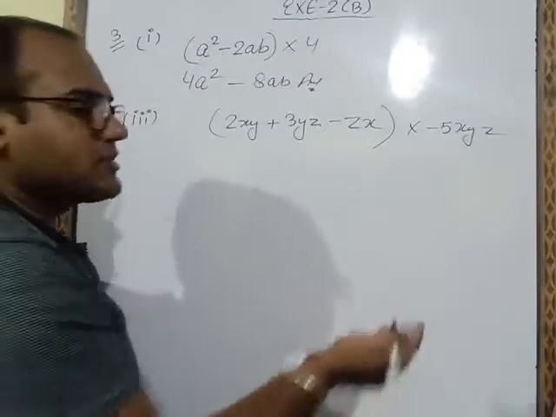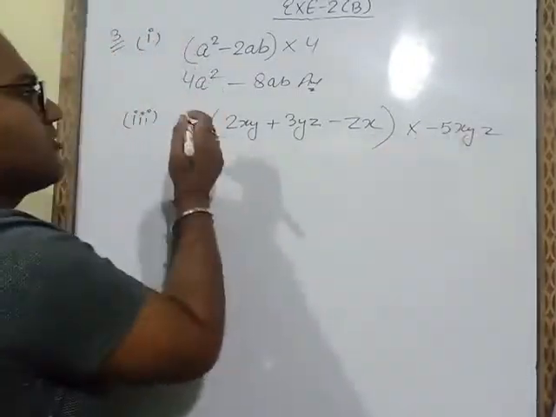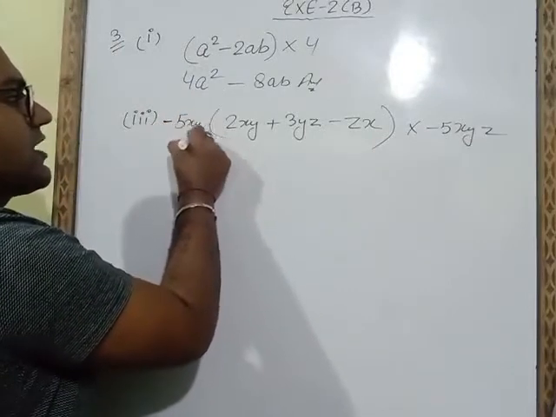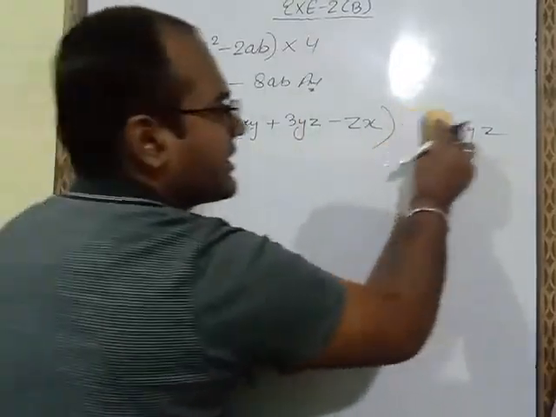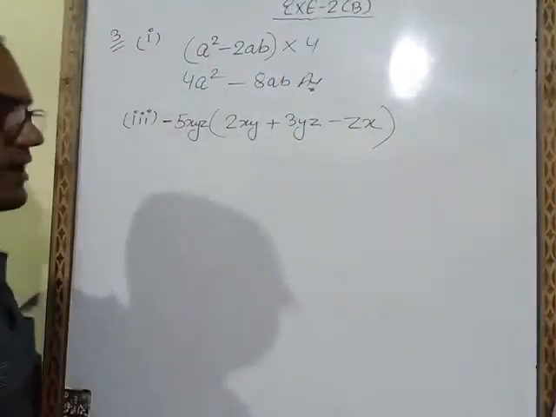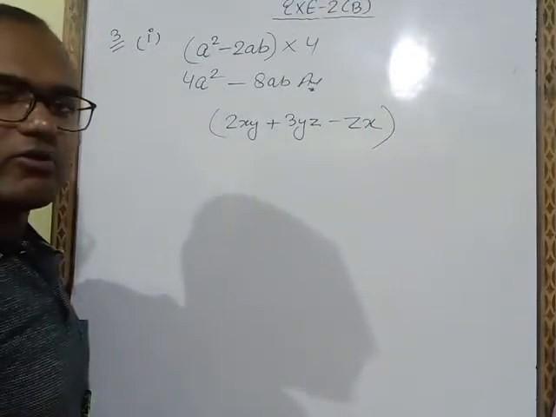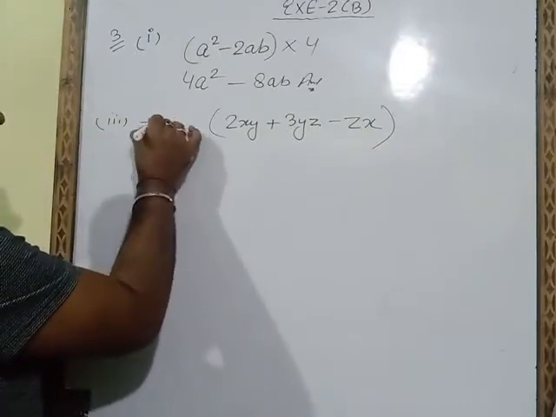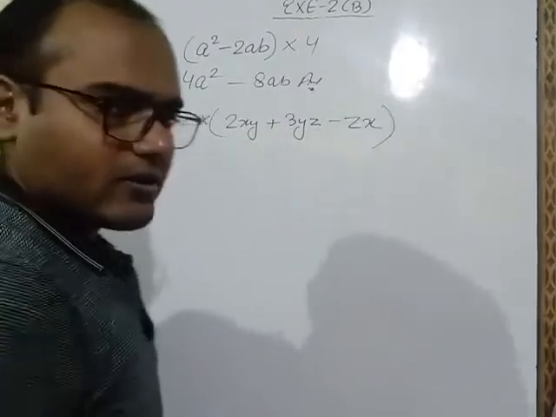It is not compulsory to write multiply minus 5xyz in the end. You can write here also like this, minus 5xyz. Instead of writing at the end, you can write in the beginning also. So both the ways are correct. You can do by any method. Minus 5xyz, multiply these three terms.